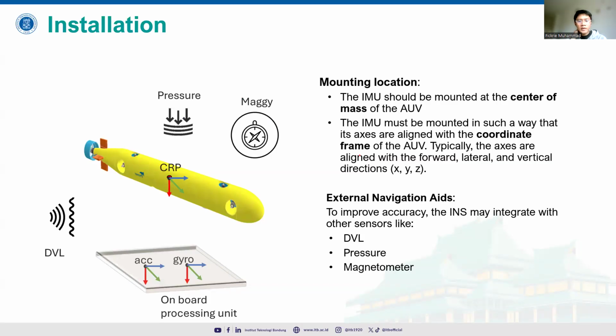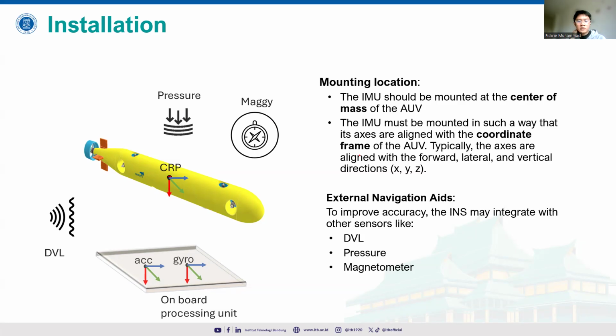Normally we have to place it at the center reference point, the CRP of the AUV. But if we're not putting it on our CRP or our center of mass, we'll have to compensate for it with an offset.